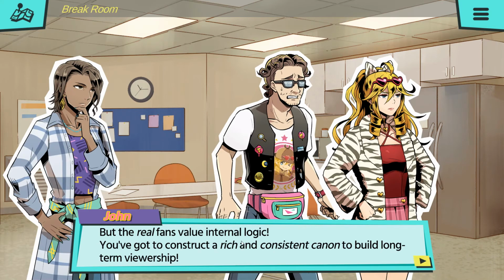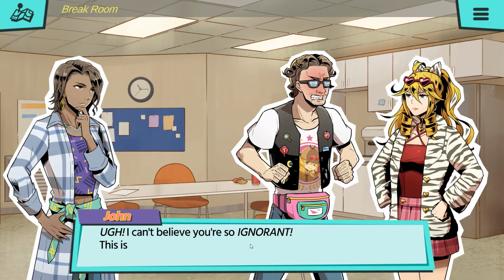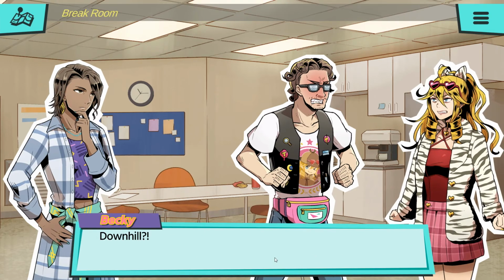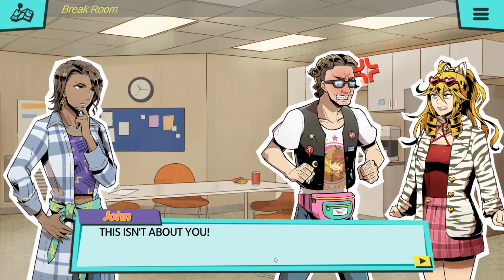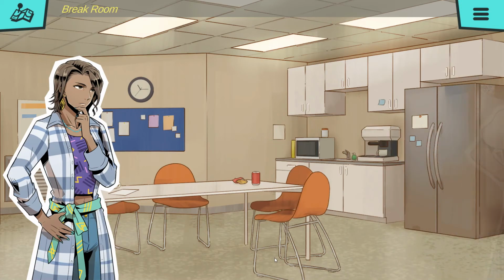But the real fans value internal logic. You've got to construct a rich and consistent canon to build long-term viewership. What the hell have canons got to do with anything? I can't believe you're so ignorant. This is exactly what caused the show to go downhill last season. You ought to be ashamed of what you've done. Downhill? Are you crazy? I've never looked better. This isn't about you. Now I know you're crazy.